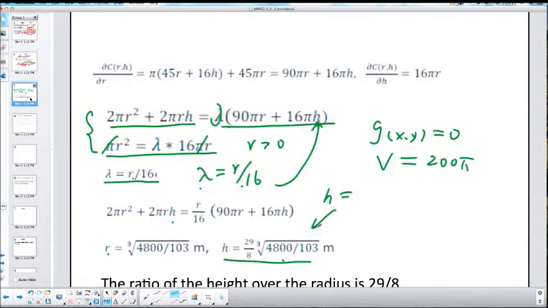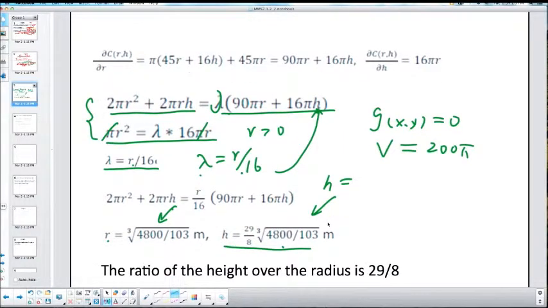You're going to get h and r. The interesting thing, even with this cube root, is the ratio between the height and the radius. It's always 29/8.